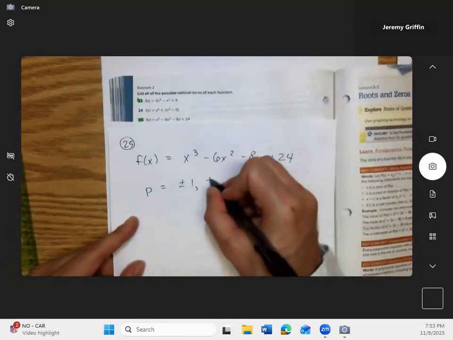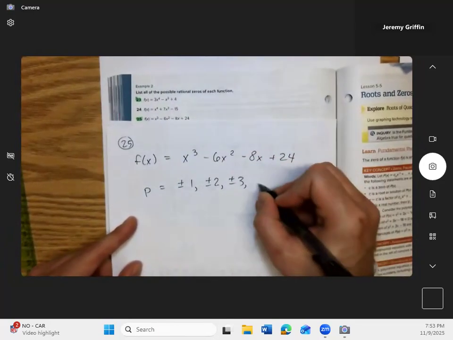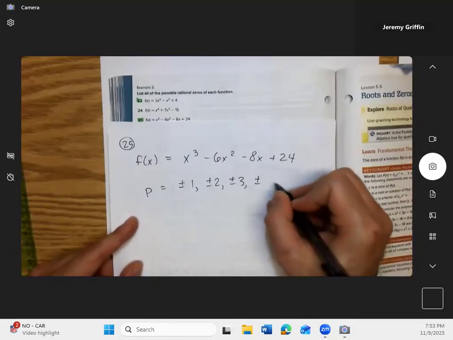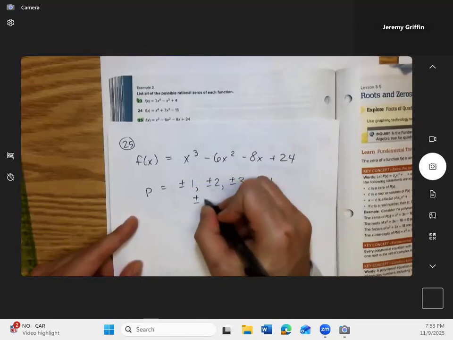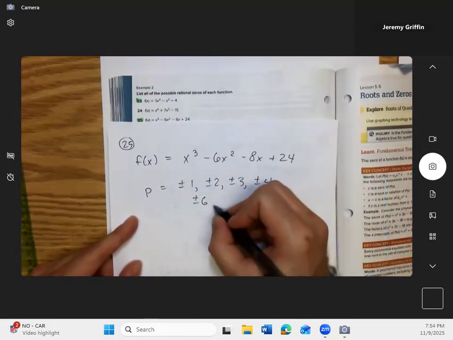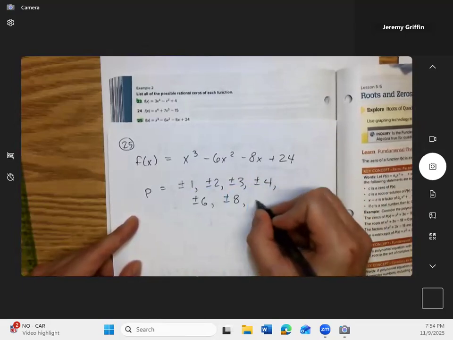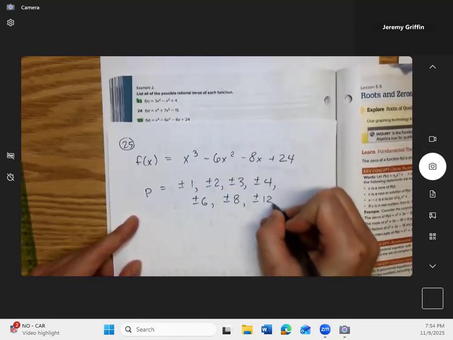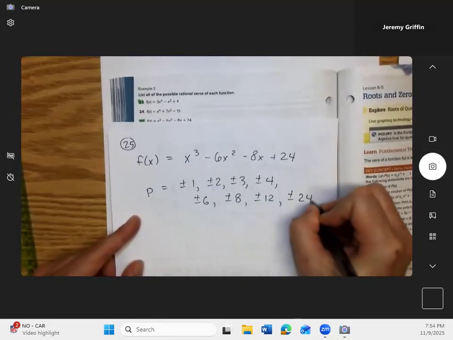That's 1, 2, 3 is a factor of 24, because 3 times 8. 4 is 4 times 6. 5 doesn't work, but 6 does, because 6 times 4. 8 works, because 8 times 3. And 12, because 12 times 2. And don't forget the number itself, which is 24.